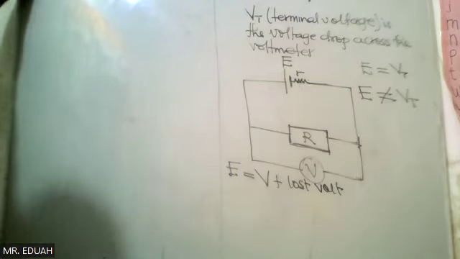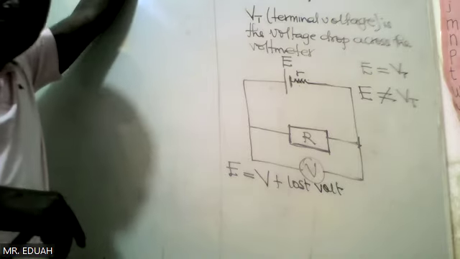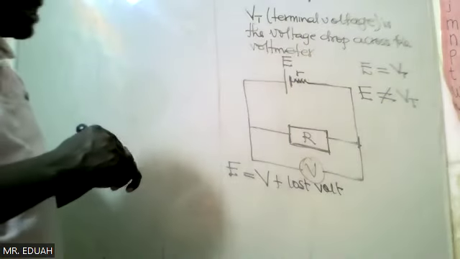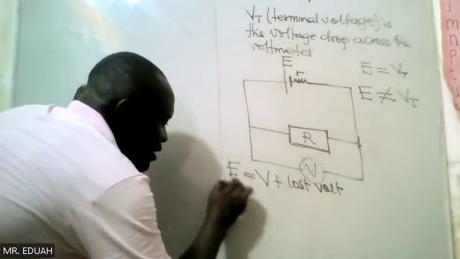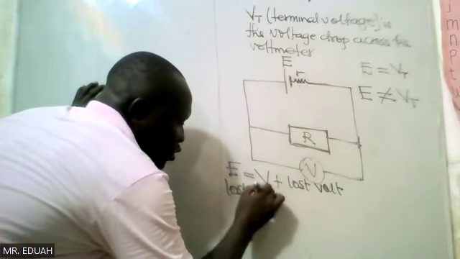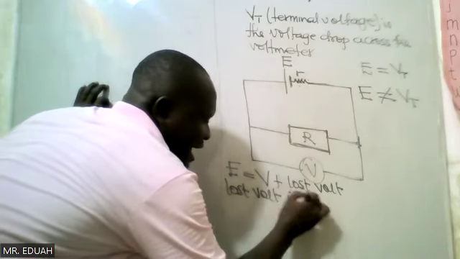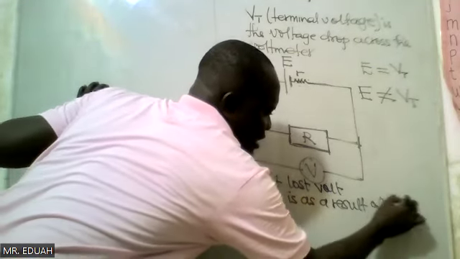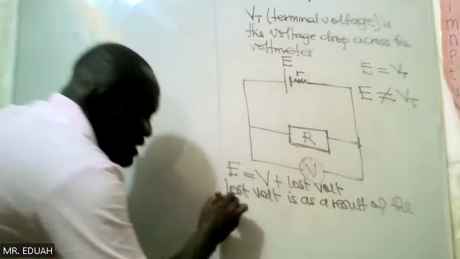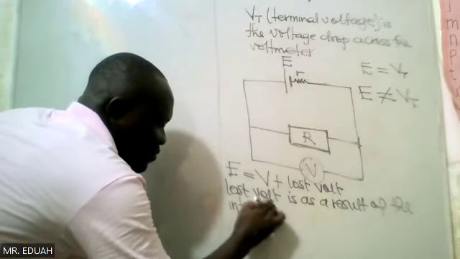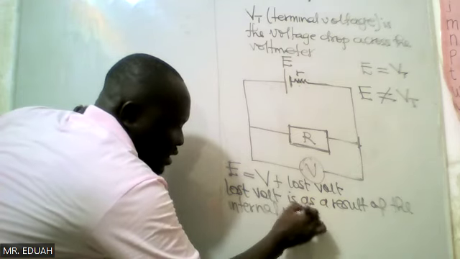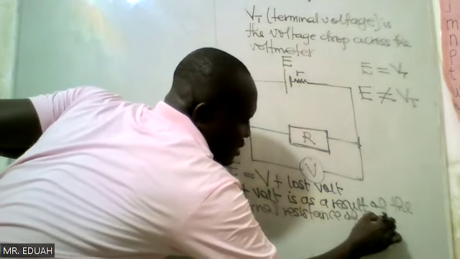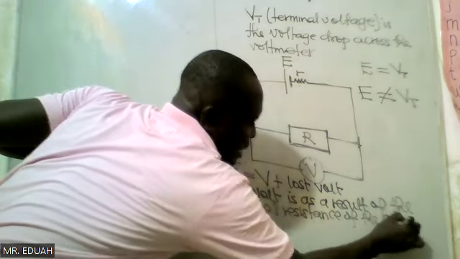Okay, and this lost volt is as a result of the internal resistance of the cell or the battery.